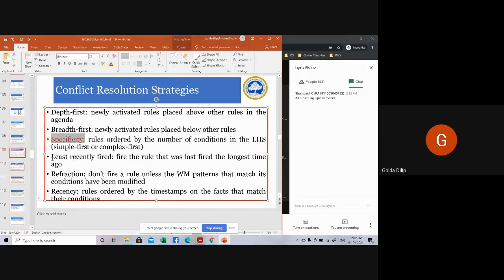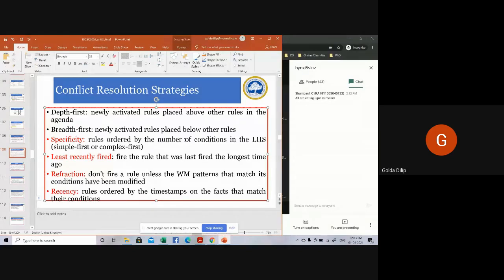Then we have the least recently fired rule. That is the recency rule. Recency is here. That's another one. This is least recently, this is recency, and this is refraction. So these are the various conflict resolution strategies. The first one is what is called a specificity rule.